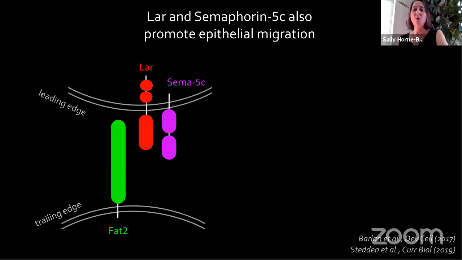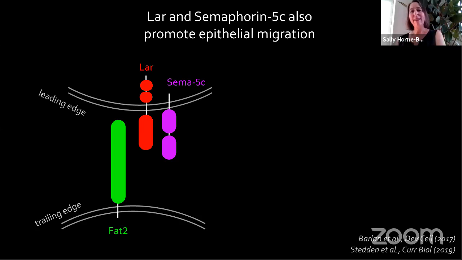So far, we've identified 2 other transmembrane signaling proteins that are required for the migration of the follicular epithelium. These are a receptor tyrosine phosphatase called LAR and a semaphorin protein called SEMA5C. Both of these proteins localize to the leading edge of each migrating cell, and they're also both involved in setting the site of where the protrusions are going to form.